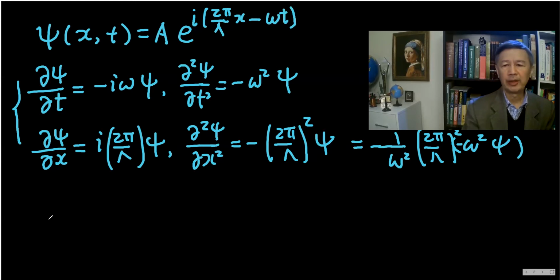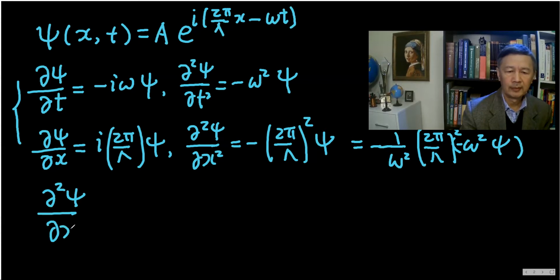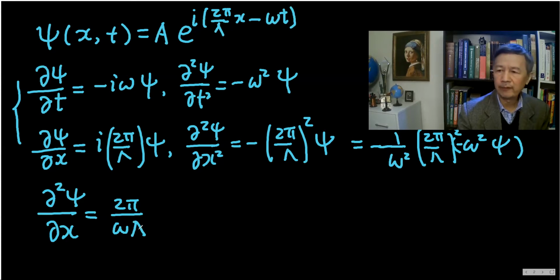Eventually we have the second partial derivative of phi with respect to x equal to the factor omega over 2 pi, multiplied by wavelength, squared, times the second partial derivative with respect to time.